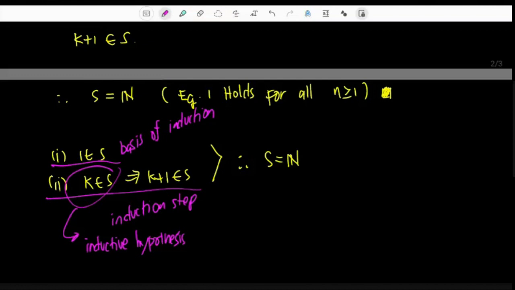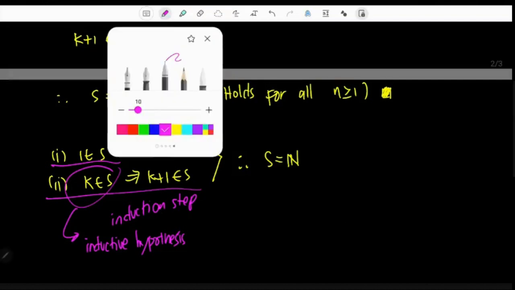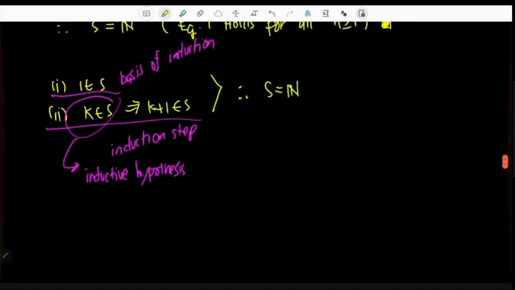Now, both of these assumptions are important, and both of them must be satisfied for induction to work. For example, if we ignore one of the steps, let's say we have the equation 1 plus 3 plus 5 plus and so on up to 2n minus 1 equals n squared plus 3.